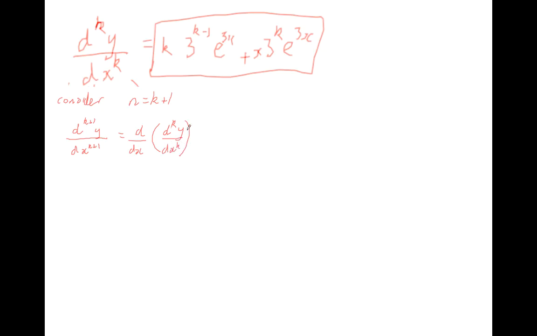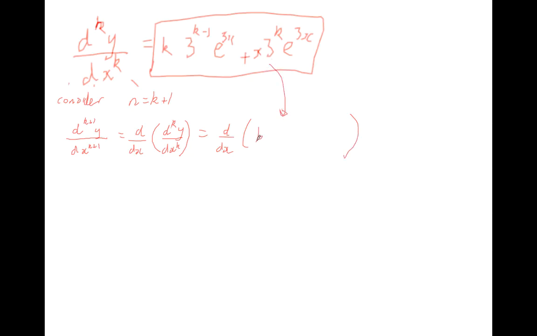Okay, and this is where the inductive step comes in, because we're going to use the part that we assume to be true, and we're going to work on it and try and manipulate it so it's in just the same form, but with the k replaced by the k plus 1. So that's equivalent to d by dx of all of this coming into here.